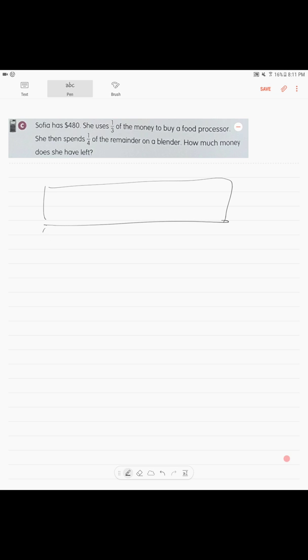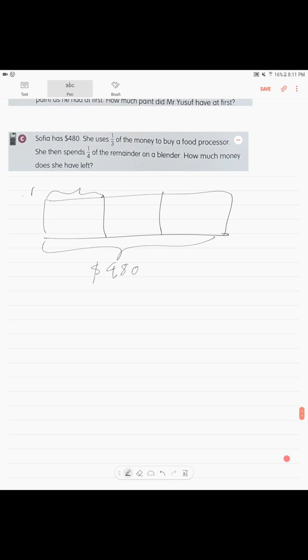We have a total money of $480. She used 1/3 of the money to buy a processor. So we split it up into 3 parts. This is our one third. Well, I don't need to write a fraction. So this is our food processor.